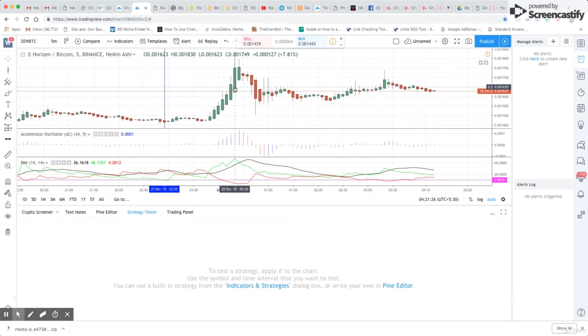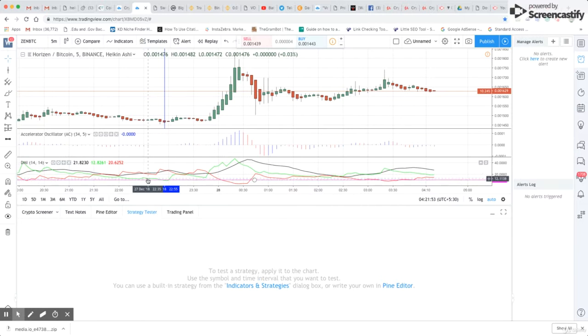Also I want to mention for mid-term trading, let's say for a day or two, my strategy will be the same, but the entry and exit will be a little bit different. The entry will be the same. Let's say I want to trade for a day or two, and I buy at the same point.